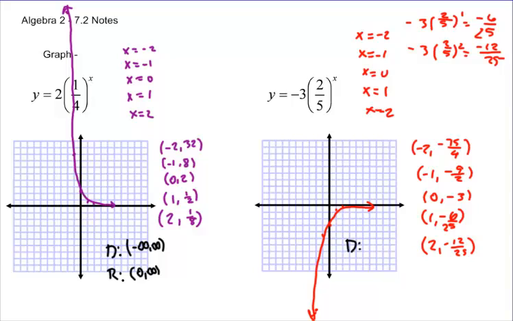On the other hand, over here, the domain is -infinity to infinity, and then the range goes from -infinity to 0. Let me write that a little better. So there's those guys.